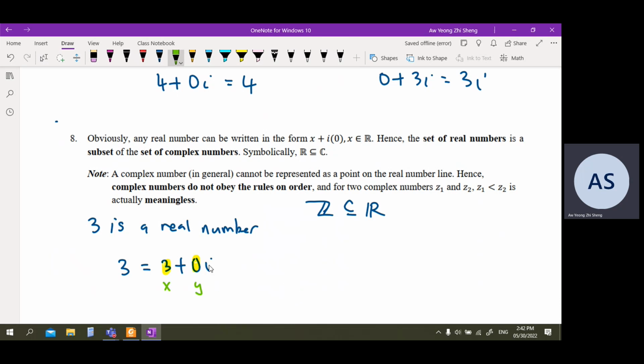So we have already written the number 3 in the form x plus yi, where x and y are both real numbers. It already satisfies the definition of a complex number. So we can say this 3 is not only a real number, but it is also a complex number. And so this is the handwritten form of the set C. The set C is used to denote the set of complex numbers.